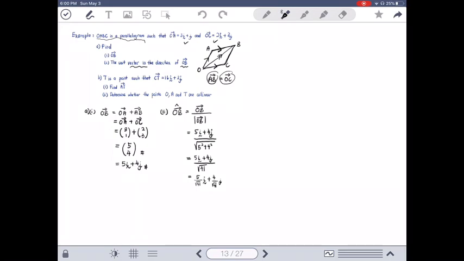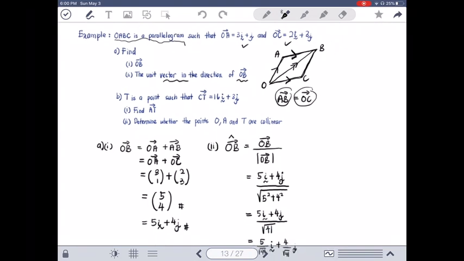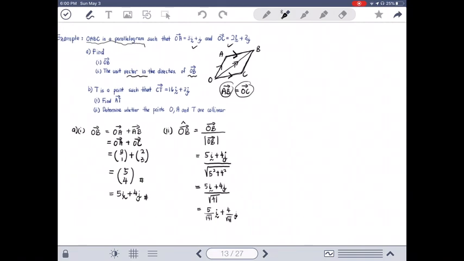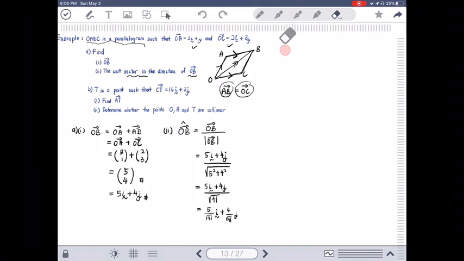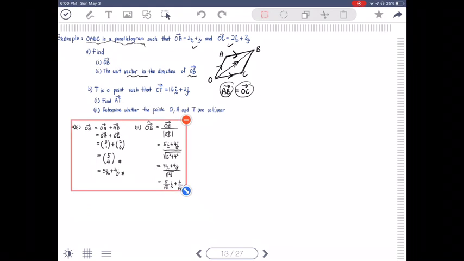Now we move to question B. T is a point such that CT equals 16i plus 3j. Find AT. Let me put that aside first.